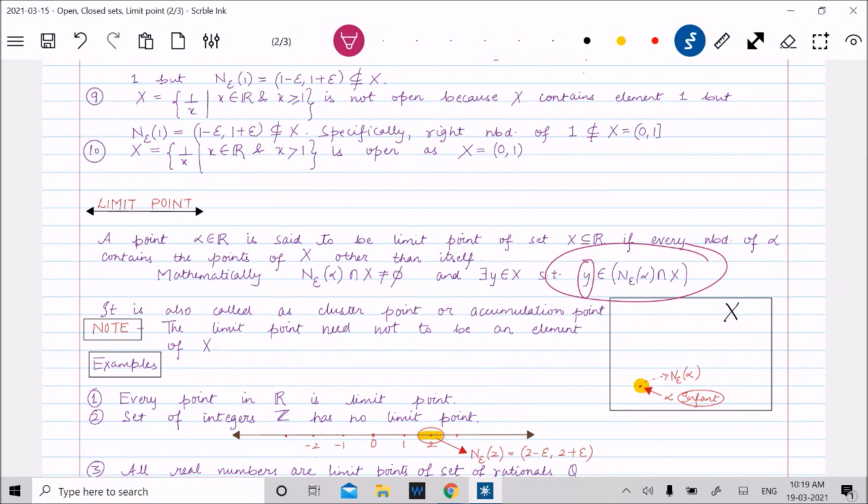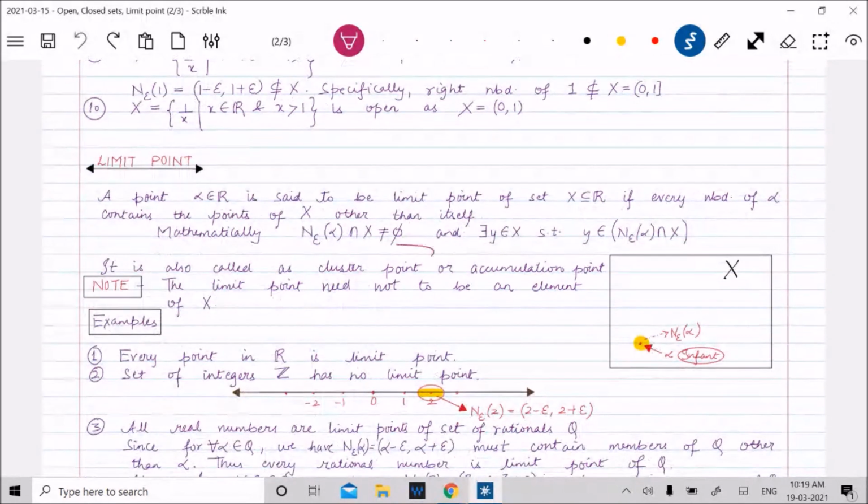And that's why we can say that alpha is not an isolated point. Alpha cannot be left alone. Alpha has to be with some member of X always, right? And that member is y. So y is the member which is always sticking to alpha. That's why alpha can be called a limit point, right?